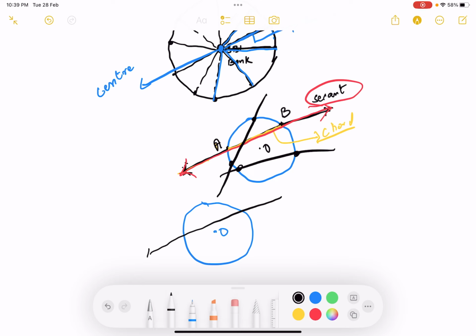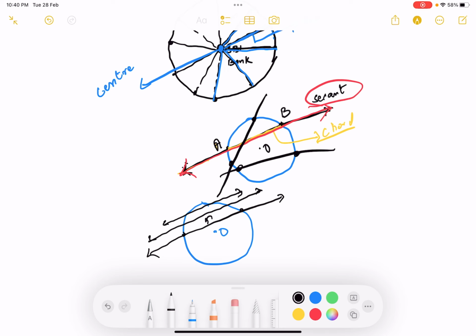Let's move it a little upwards, still it lies inside the circle. Then let us move it a little more upward, still it lies inside the circle.